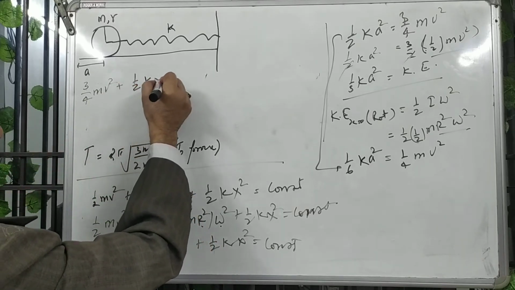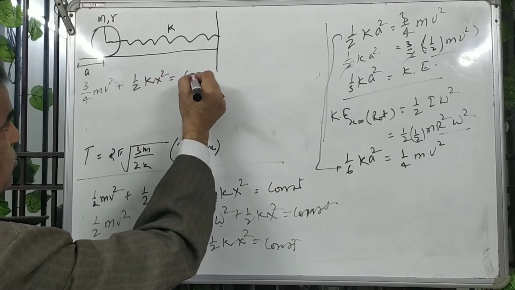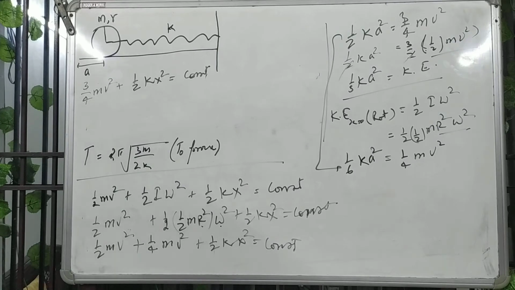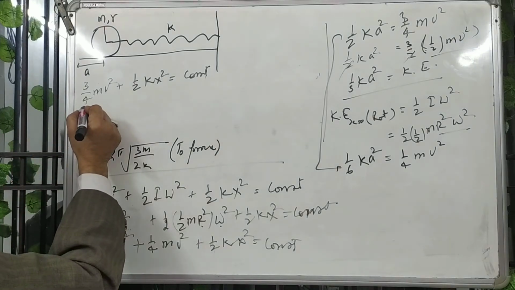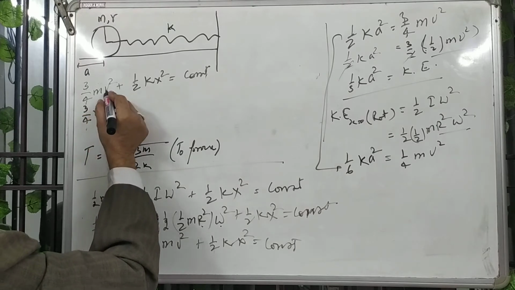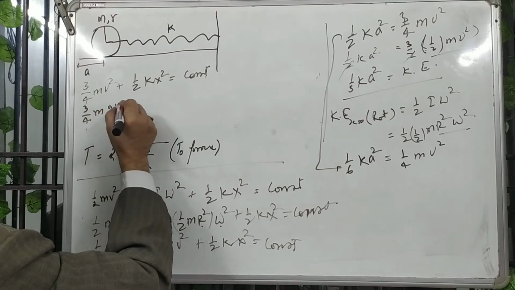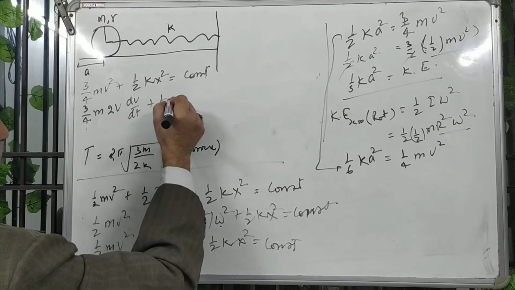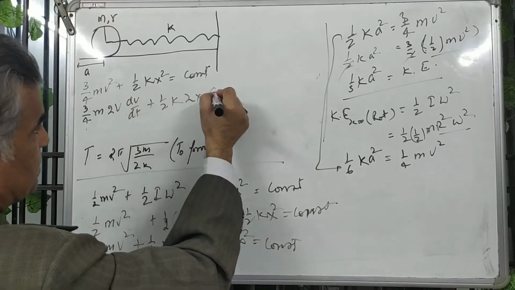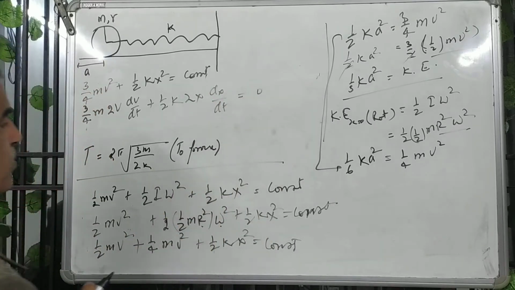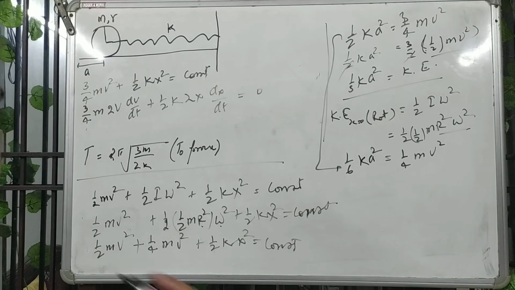Half kx square is constant in total. Now differentiate it with respect to time t. So this is 3 by 4 m, and the differentiation of the velocity square is 2v dv by dt, plus half k 2x dx upon dt is 0. The derivative of a constant is 0.